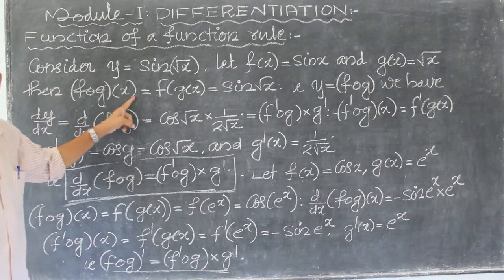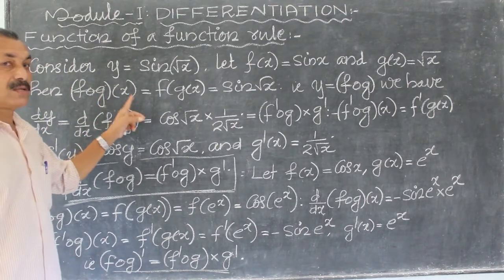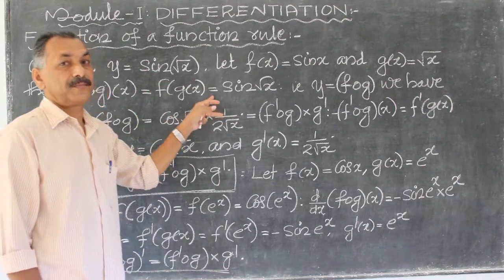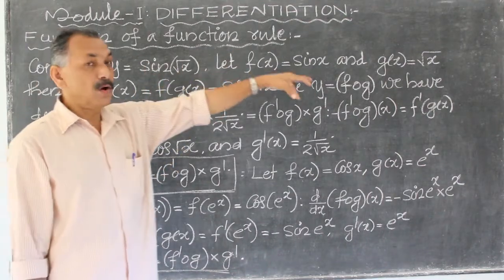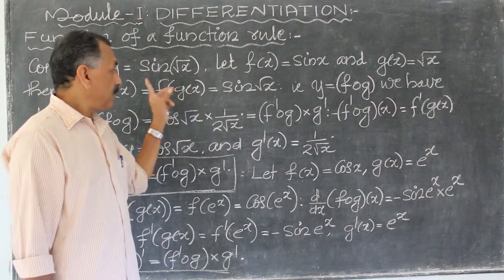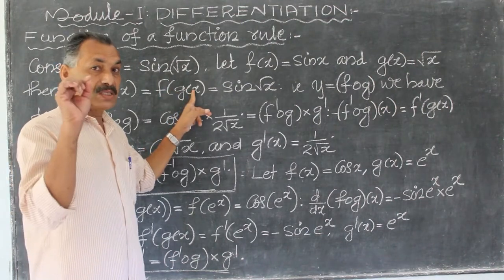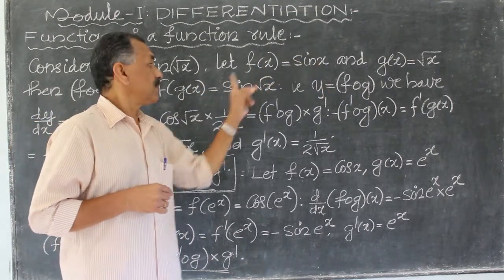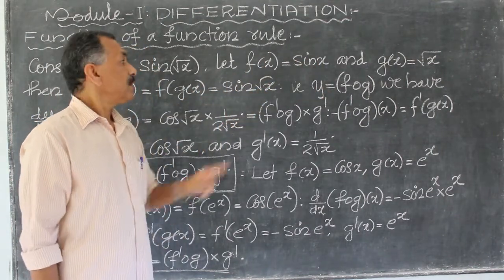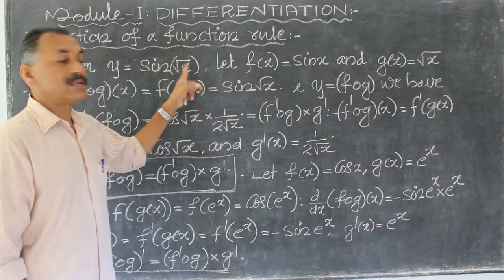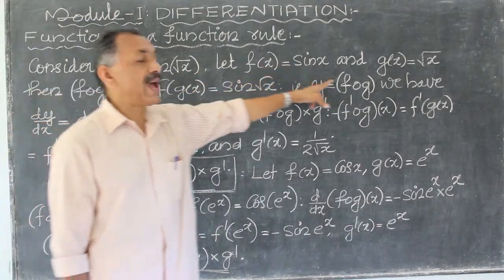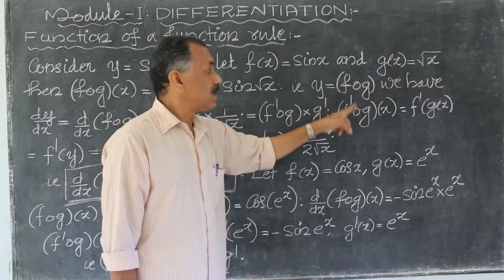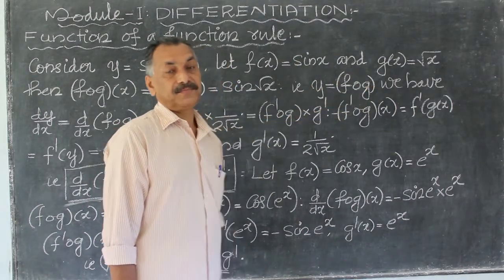Then what is f dot g of x? f dot g of x is equal to f composite g of x, which is f of g of x. That is f of root x. Let root x be equal to y. That is f of y, and f of y is equal to sine y, that is sine root x. That means this function sine root x is the composite of f and g, or y is equal to sine root x is equal to f dot g.